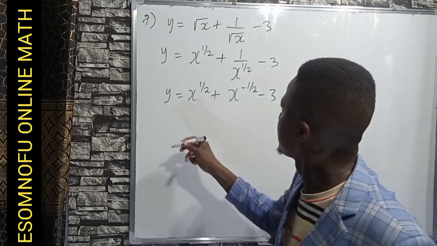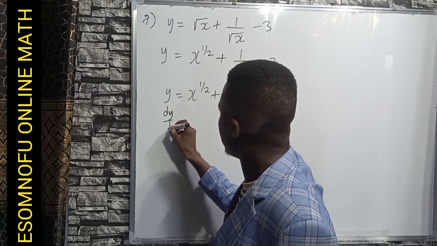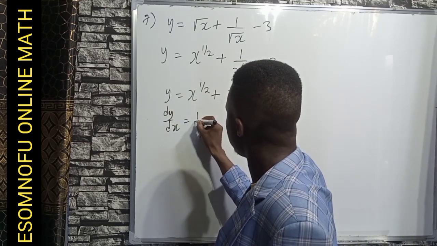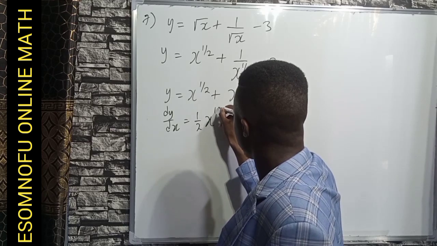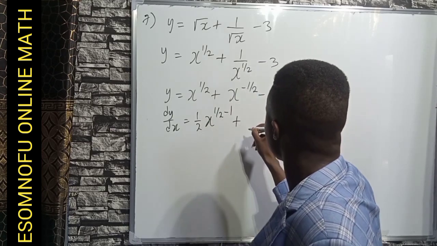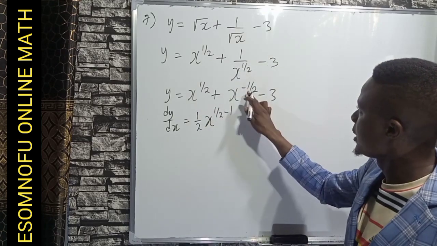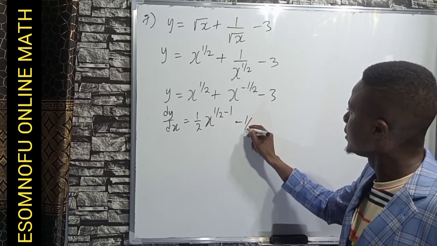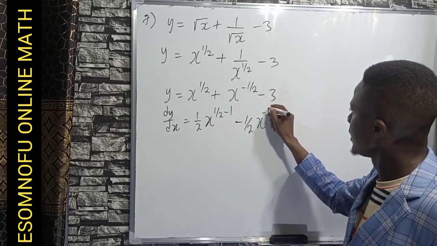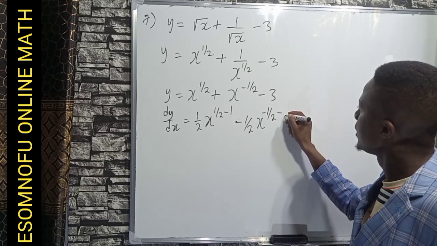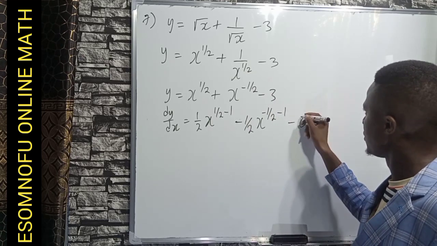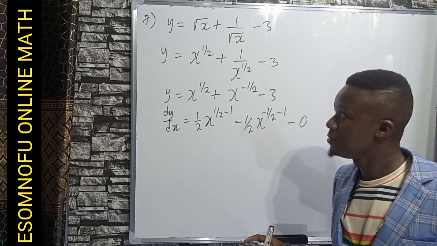Then dy over dx will now be the half comes to the back, x to the power of half minus 1, minus, because the power is negative and is coming down, negative half x to the power of negative half take away 1, then minus 0. Anytime you differentiate a constant, it will give you 0.